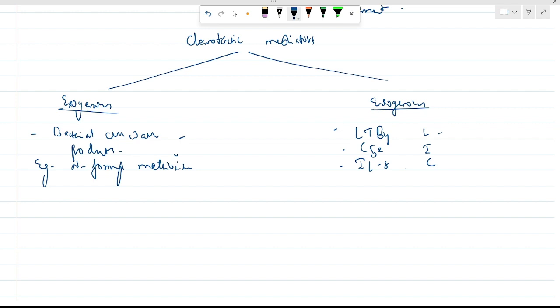There is leukotriene B4, IL8, and C5A. Very important fact, asked many times before. These are endogenous chemotactic mediators: LIC, LTB4, interleukin 8, and complement system C5A.